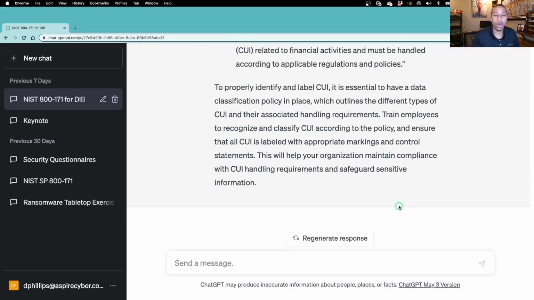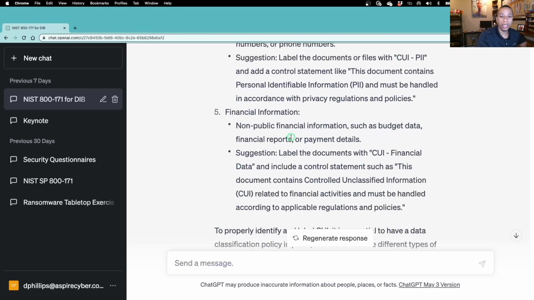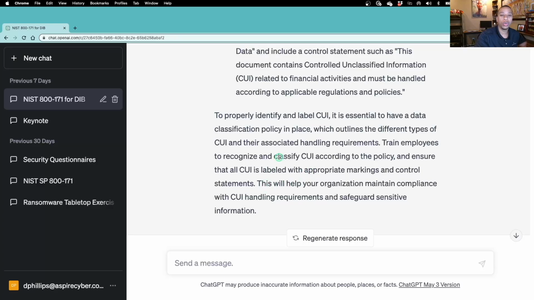I'll put the link to the NARA and the DoD CUI registry in the notes. But yeah, it's just ways that ChatGPT can give you additional guidance on how to identify CUI and label it, but you certainly want to reference the NARA or the DoD CUI registry for additional guidance.